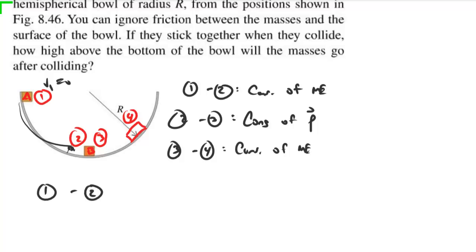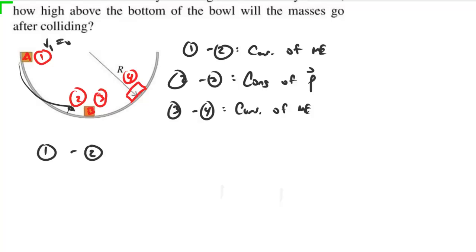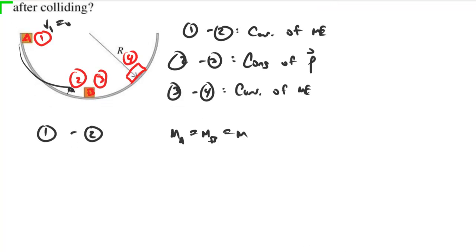Both of these blocks are mass m. They're two identical masses, so they have the same mass. Call them both mass A equals mass B equals m. But maybe I'll write it out as mass A and mass B just for clarity of the solution at first.